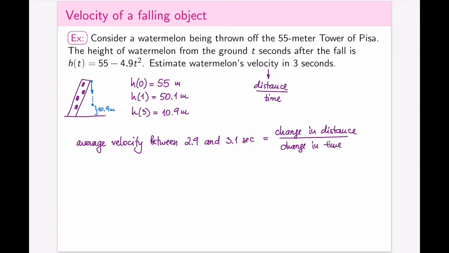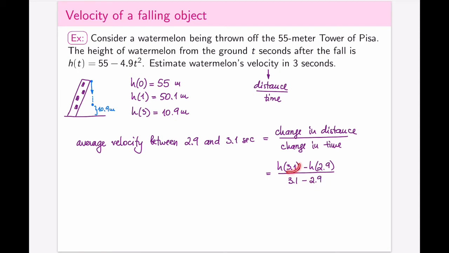Both of these I can compute because I actually have the formula for the distance, so I can compute how high the ball was at 2.9 seconds and how high it was at 3.1 seconds. And then, of course, I can compute the change of time because this is just 0.2 seconds between those two time points that I ended up picking, right? So the height at 3.1 seconds minus the height at 2.9 seconds divided by the amount of time that came in between.